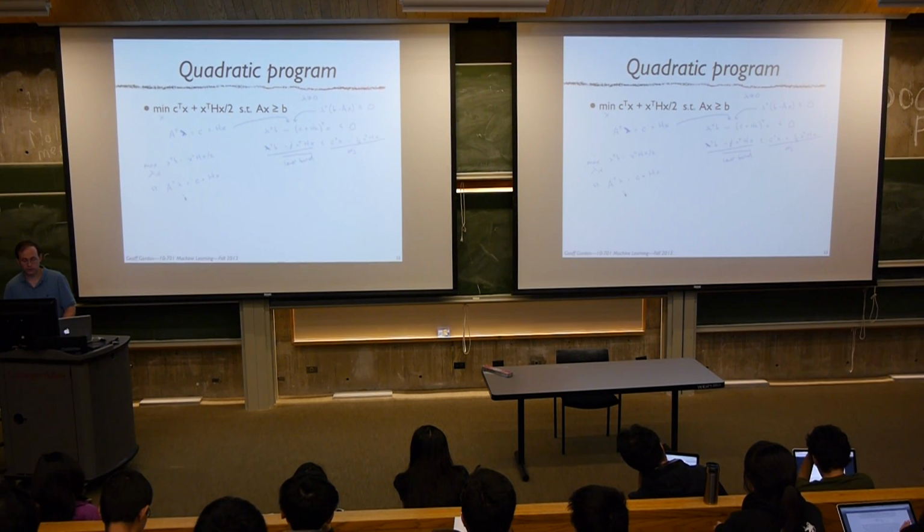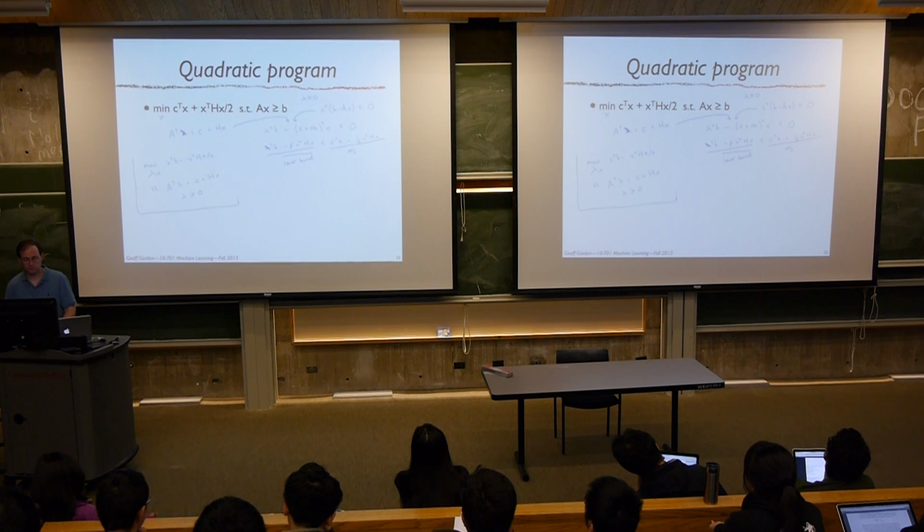And we also had to assume lambda greater than or equal to 0 to get this equation here. All right. So this here is the dual quadratic program.